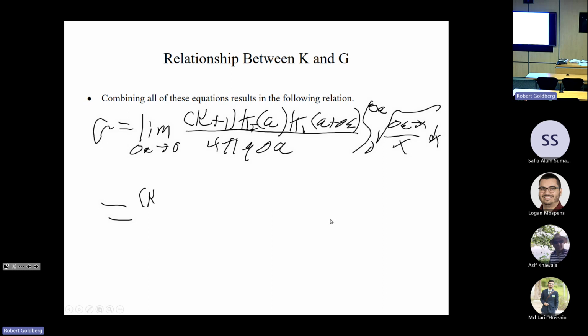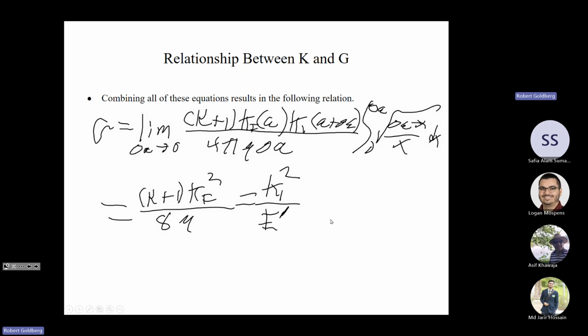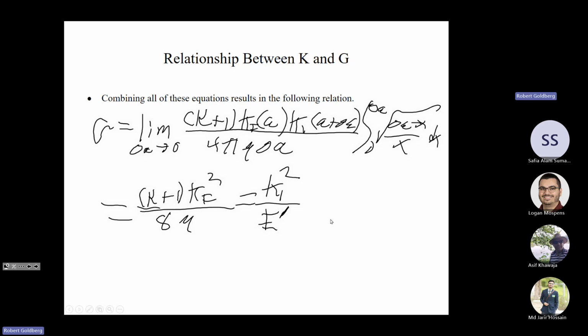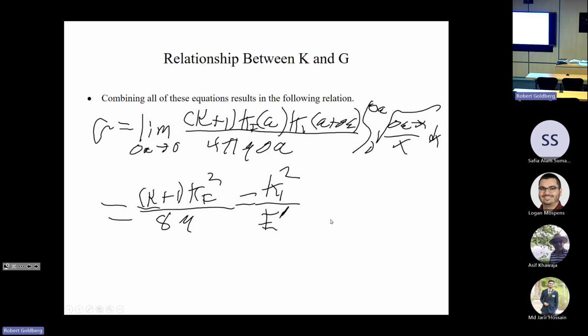We end up with kappa plus 1 times the stress intensity factor squared divided by 8 mu, which we can say is equal to the stress intensity factor squared divided by this generic E prime term. We make it the generic term because this kappa term is a function of our loading conditions. So it accounts for whether it's plane stress, plane strain, various geometries, or whatever.